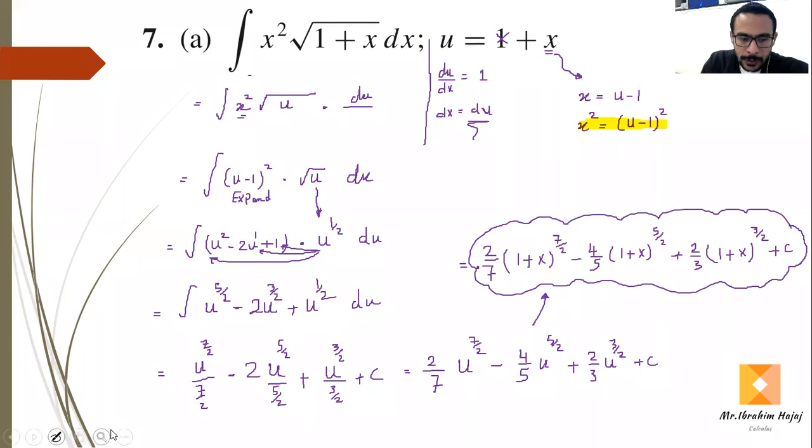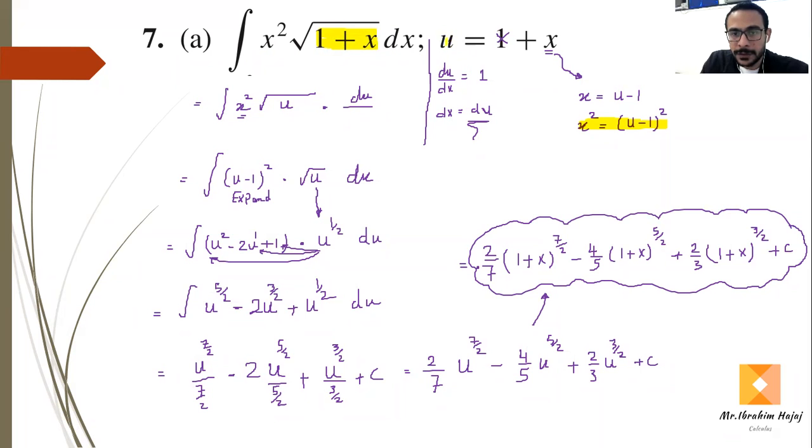Okay. So again, for the people who just joined, here we use integration by substitution. I'm going to take one part of the question and put u in its place. 1 plus x, we replace it by u. So it's x squared radical u, and find the derivative.